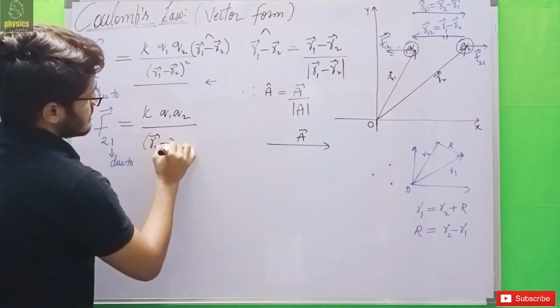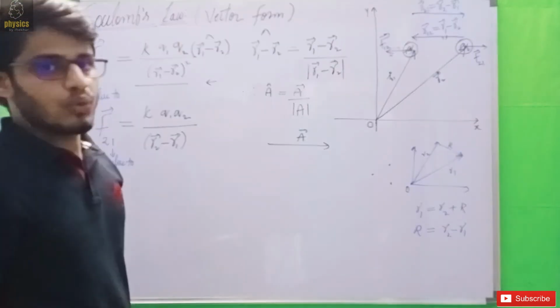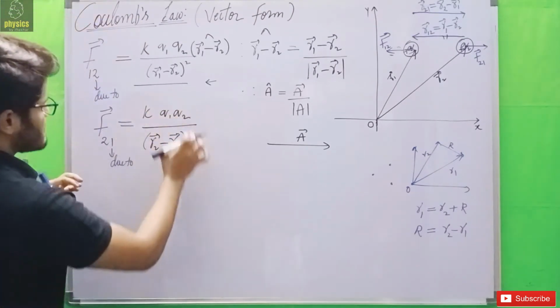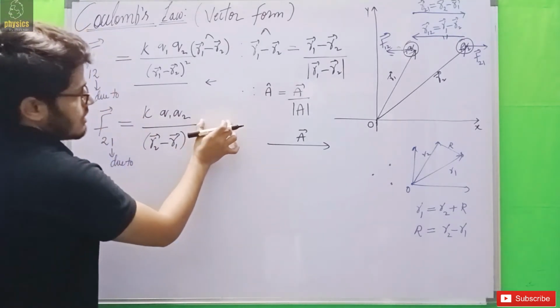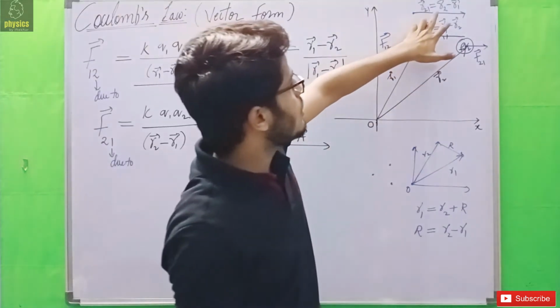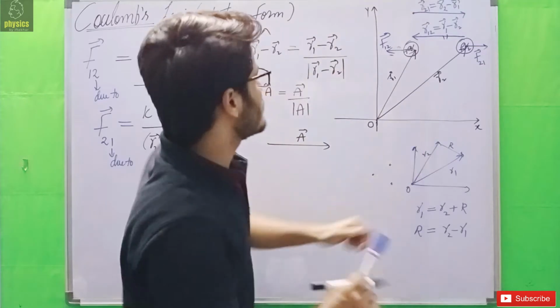That is R2 minus R1. So this is not in vector form. How to write this expression in vector form? We have to multiply with the unit vector of this vector. How to find the unit vector of this vector?